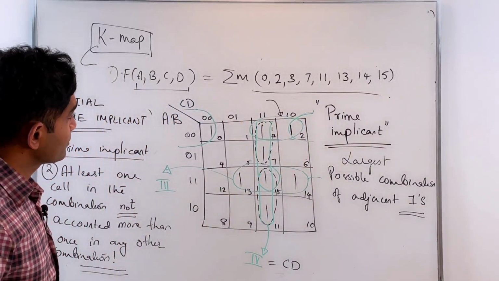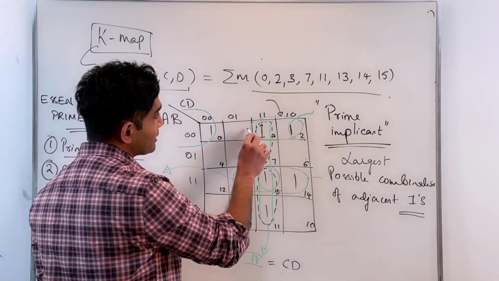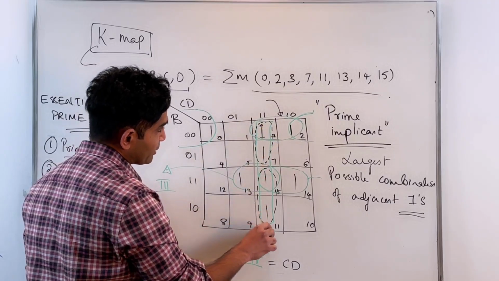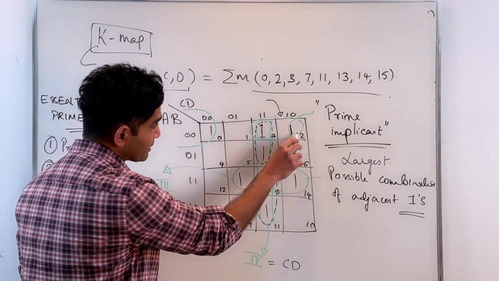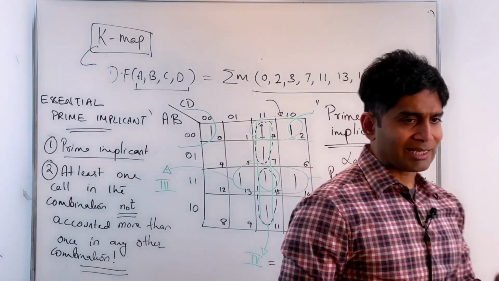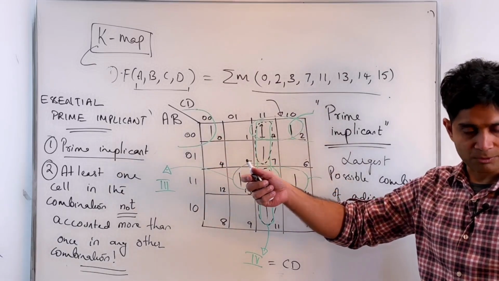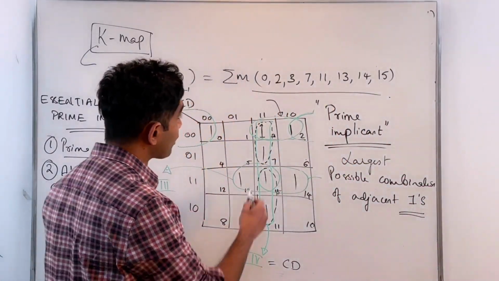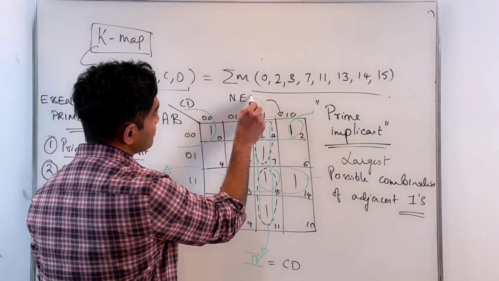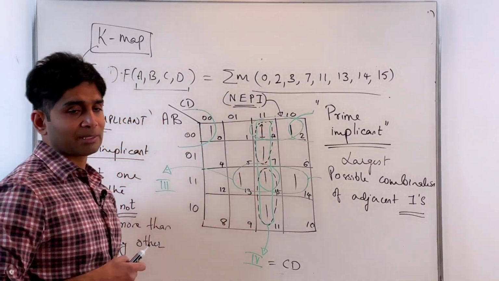And this particular cell is accounted for in this prime implicant combination as well as in this one. So in this prime implicant, I don't have at least one cell that is accounted for only one time. Both the cells are accounted more than once. So I would call this a non-essential prime implicant. This is not an essential prime implicant.